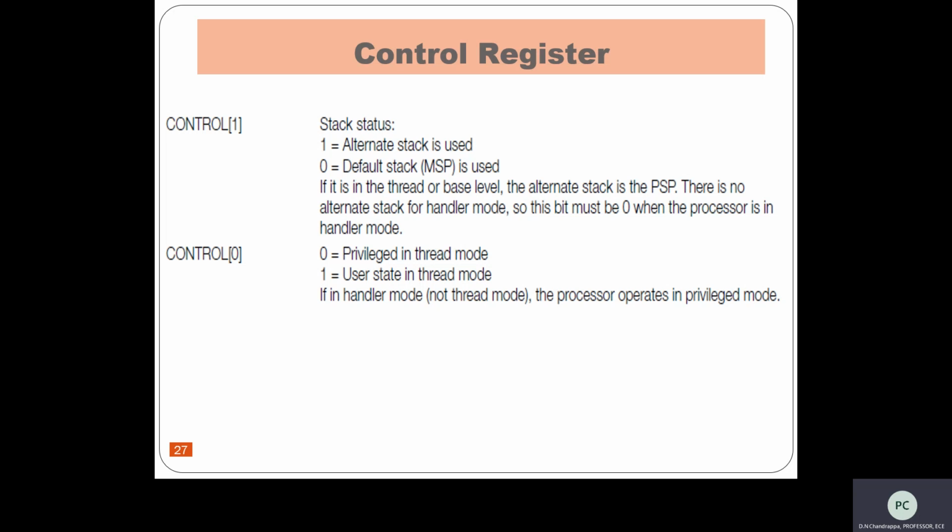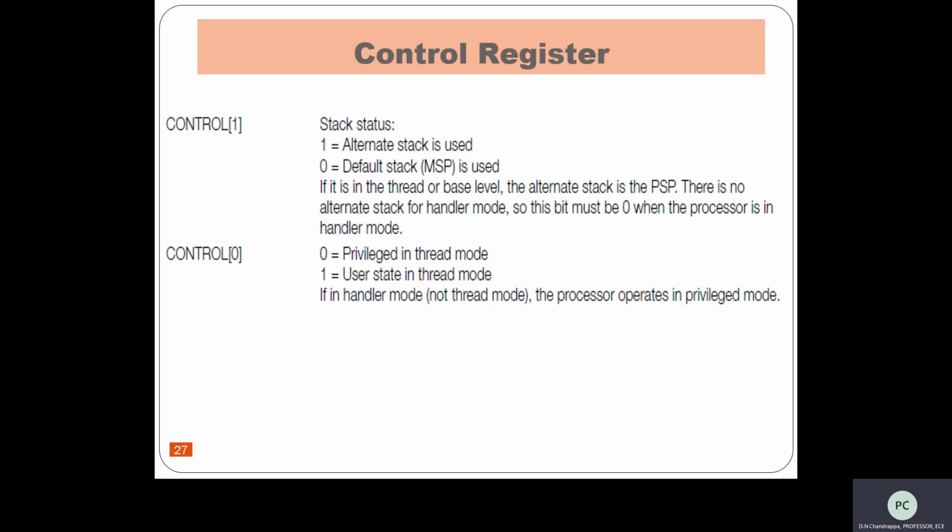So here again the same thing. In the control register, I can use 1 for the alternate stack, 0 for the default stack. And control 0 is 0 for privileged in thread mode, or 1 for user state in thread mode. So this is the overall operation of the special function registers.